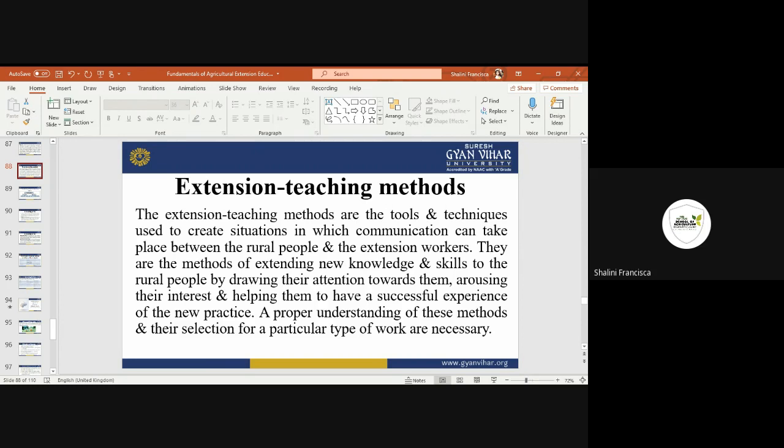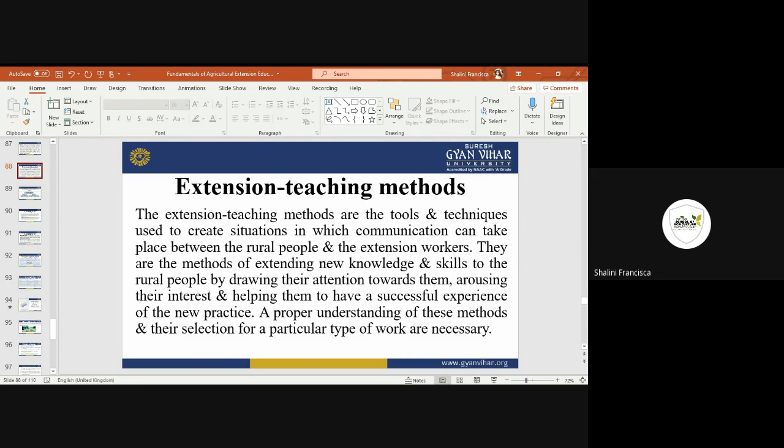Extension teaching methods are the tools and techniques used to create situations in which communication can take place between the rural people and the extension workers. So it's simply the techniques and tools that are used by the extension workers to teach the rural people.